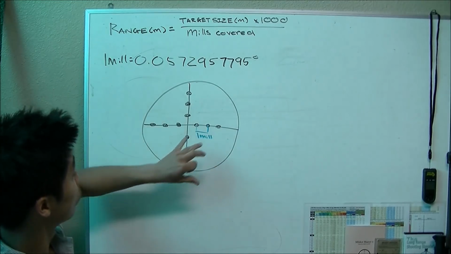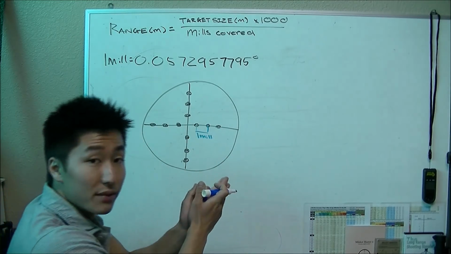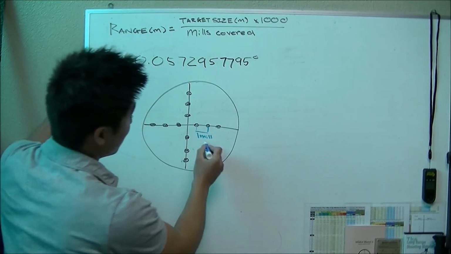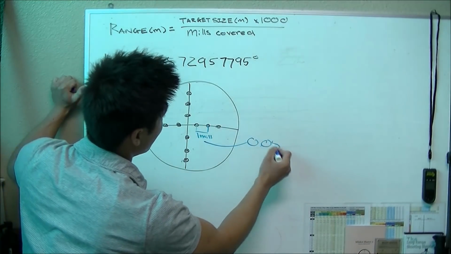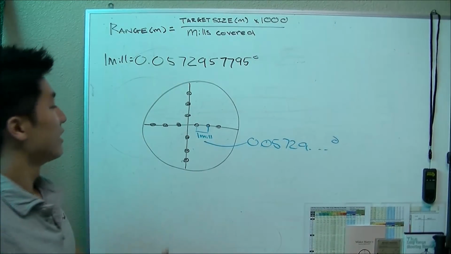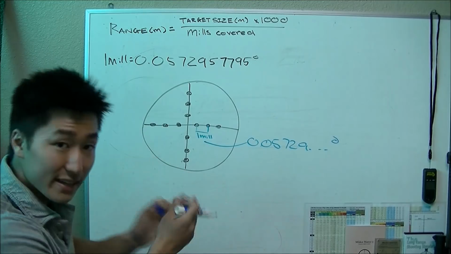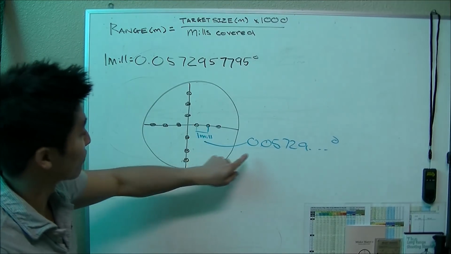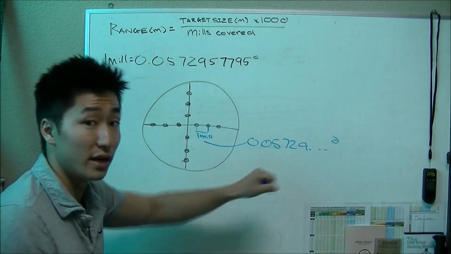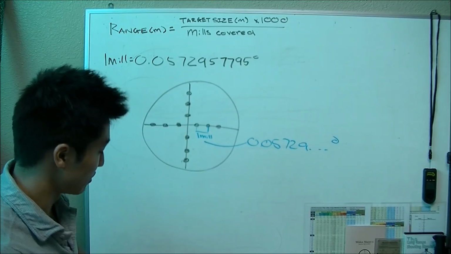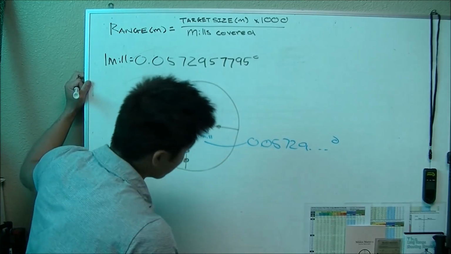So that means that the separation right there is 0.05729 degrees. So as things go further away, the mil is still going to represent 0.05729 degrees, but things are just going to be covered a little bit differently. So just remember that.